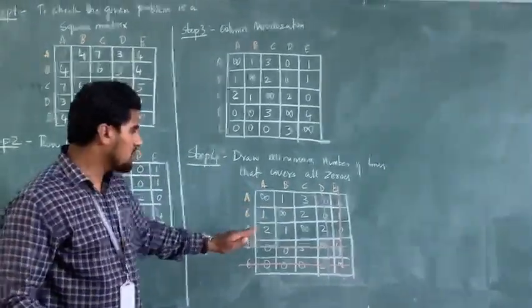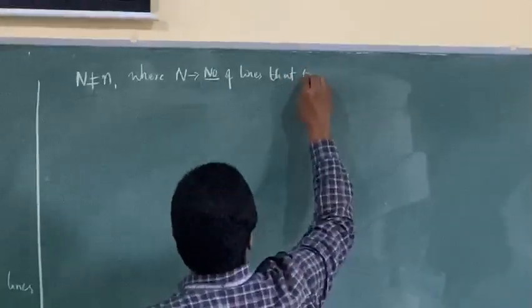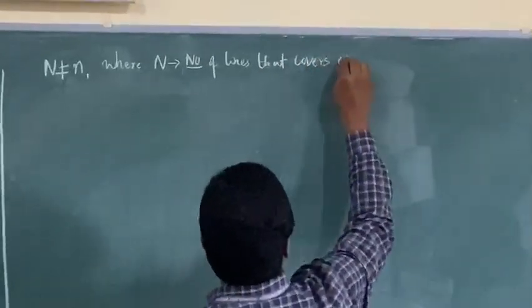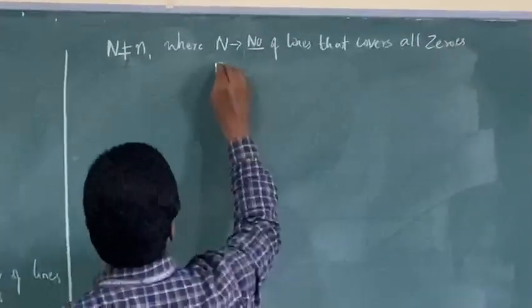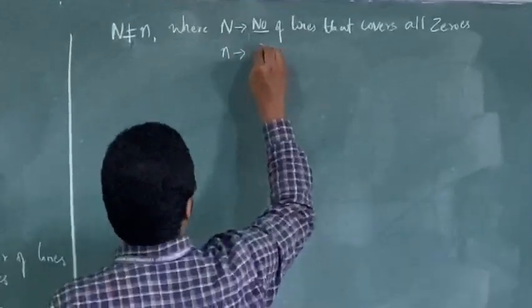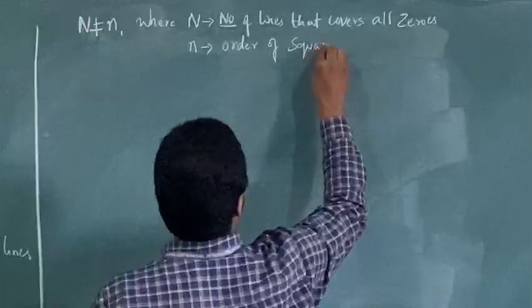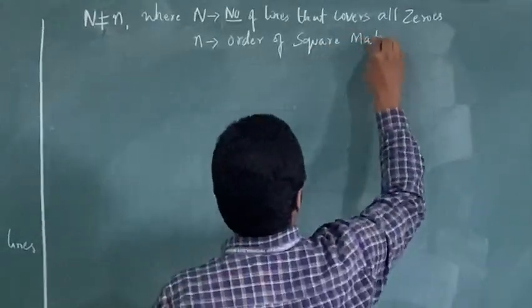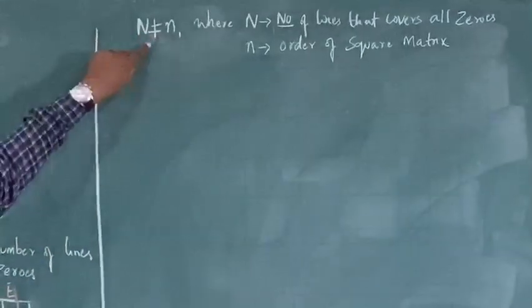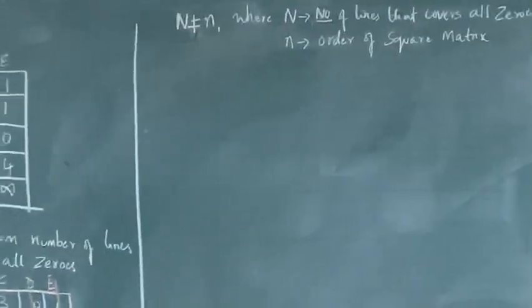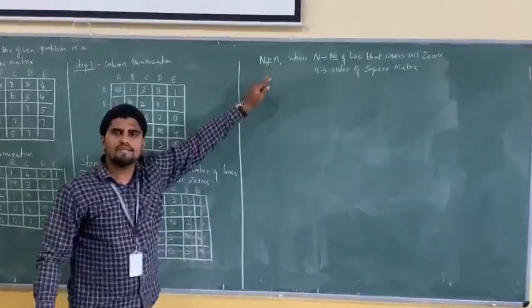Small n is order of square matrix. If capital N is not equal to small n, we can't proceed with the assignment part.